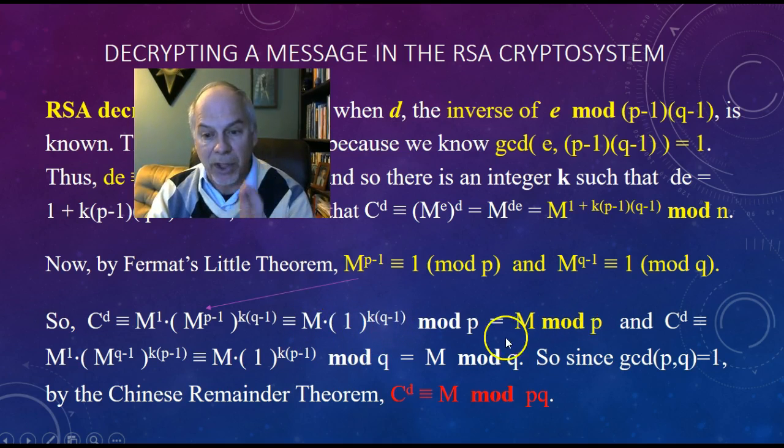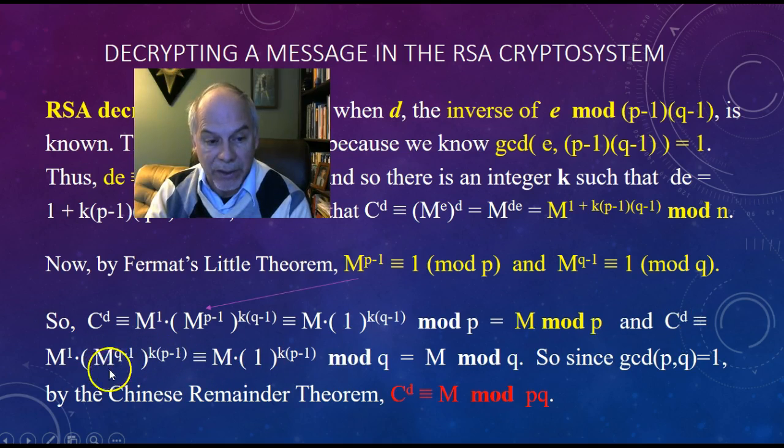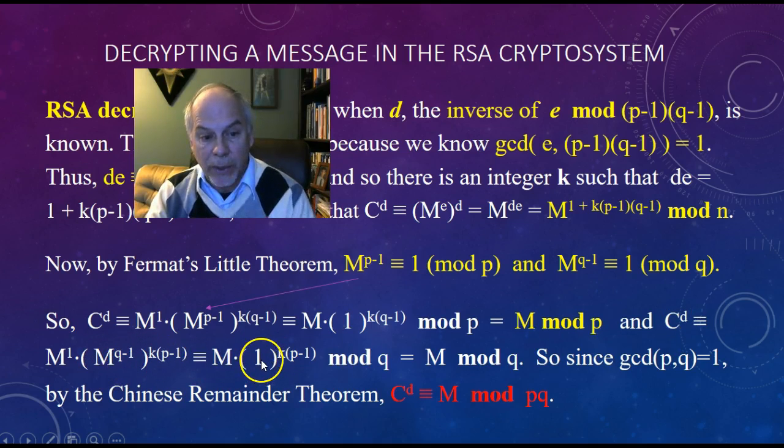So we'd end up with just m in mod p. And likewise, the same thing happens when you put the q inside the parentheses. We get 1 using this part of Fermat's little theorem, and 1 to any power is still 1. So you get m mod q again.